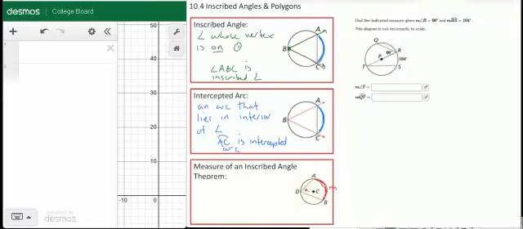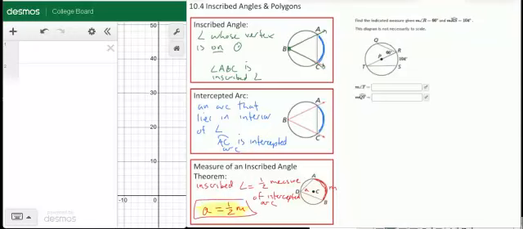From the perspective of the angle, an inscribed angle is equal to 1/2 the measure of the intercepted arc. So if we're thinking in terms of the angle itself, A is equal to 1/2 of M. So there's your mathematical relationship.